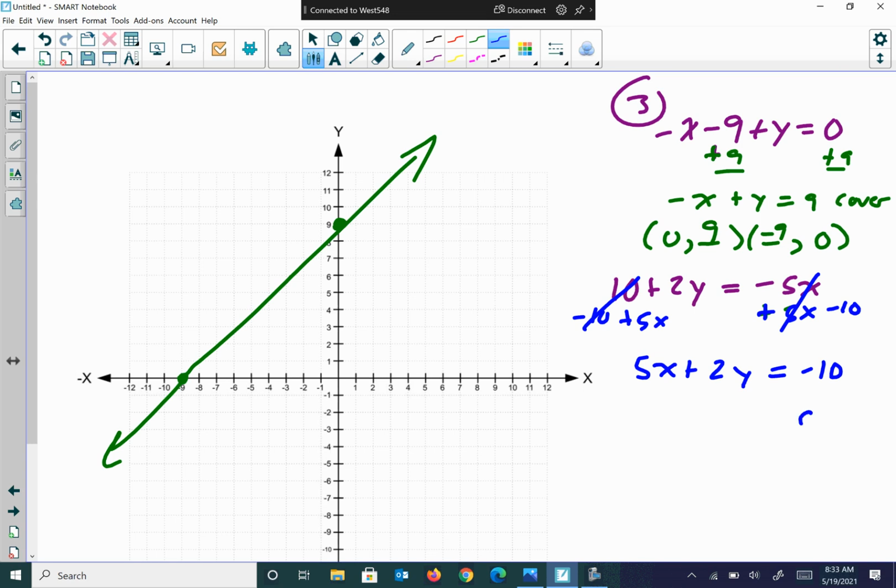And then this is set up again to do the cover method. So 0 comma blank, blank comma 0. So cover up the x values. So 2y equals negative 10, so I get negative 5 here. So 0, negative 5 is here. Oh, I'd be a much better teacher if I knew my positives and negatives. And then there's a y value plug in, so I get negative 2.